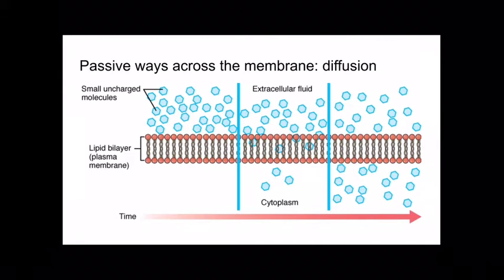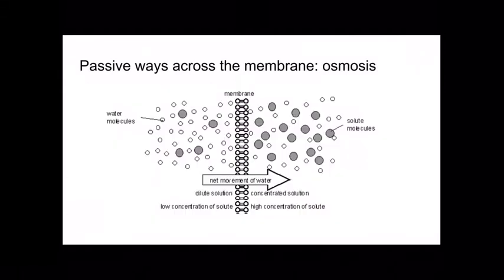So as time passes, as we go to the right, those small uncharged molecules that we see all concentrated outside the cell in the beginning start to diffuse across the membrane, and they'll continue to diffuse until there's an equilibrium, until there's an equal number of them outside the cell as inside the cell. So that's diffusion. Diffusion doesn't take any energy to get stuff across the membrane. Easy peasy.